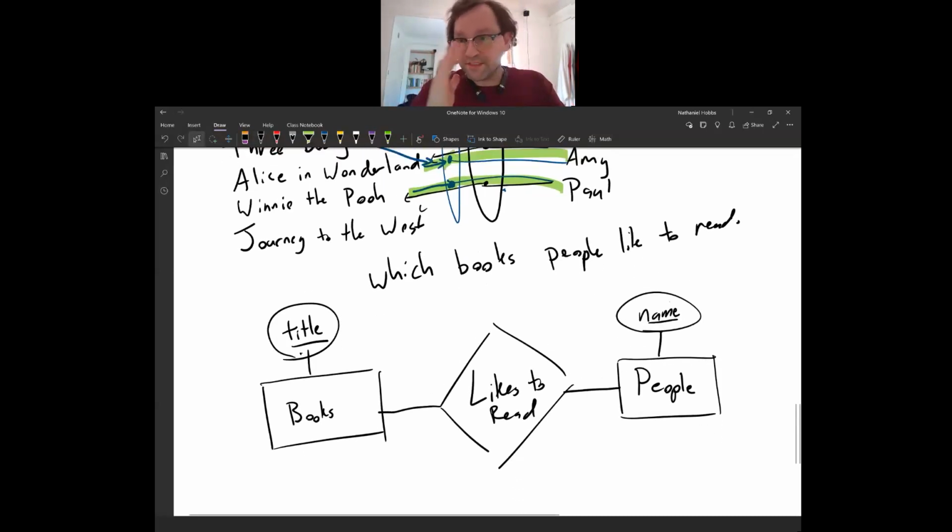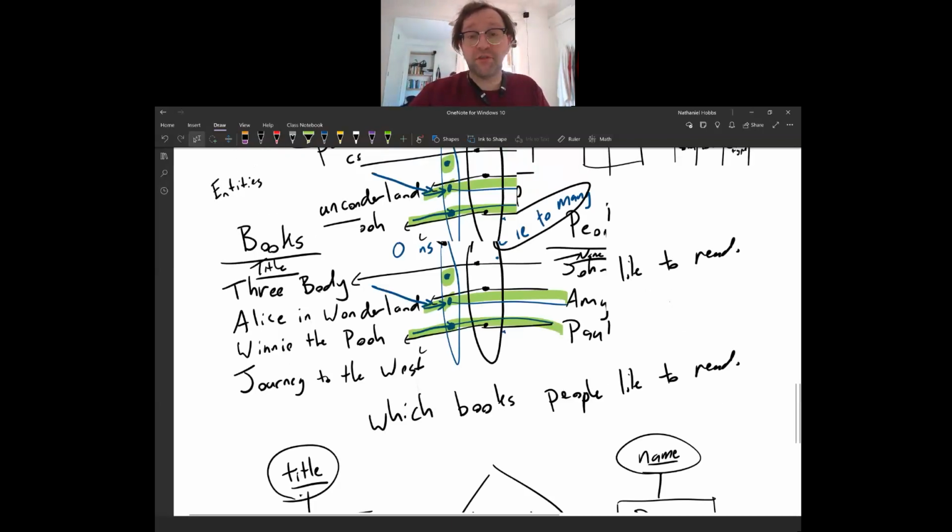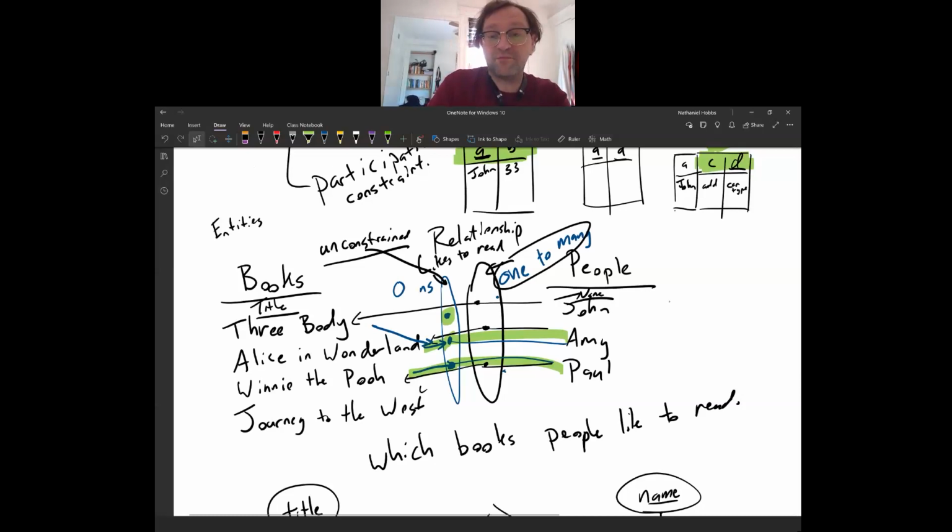So the point of this diagram is to try to figure out what tables we should have, how many tables we should have, and what they should look like. So we want to capture this type of thing, where there's people who like to read some books and books that are liked to be read by different people.